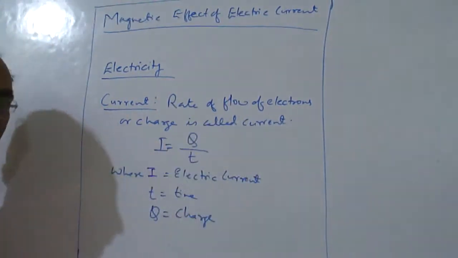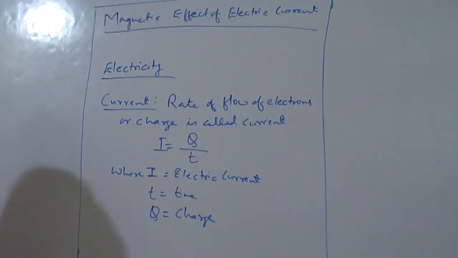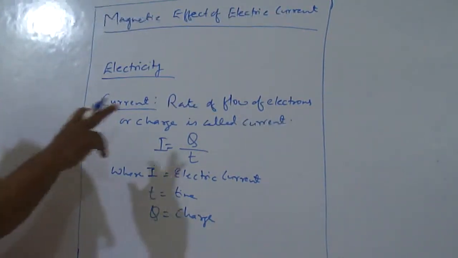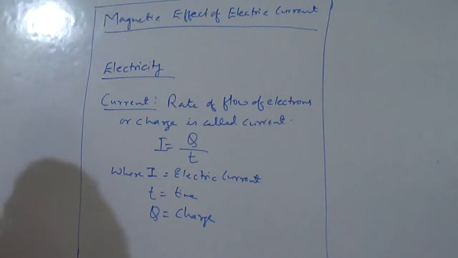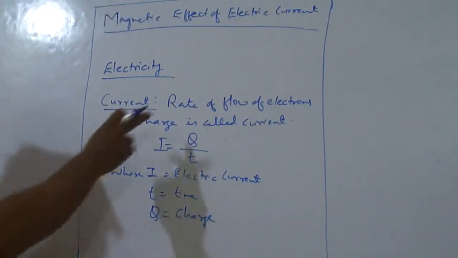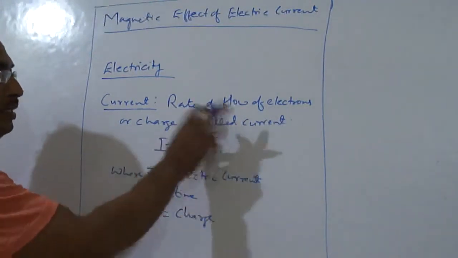In this case, what is it? Electrons. If this were chemical current, then there would be ions. In metals, in conductors, electrons are the charge carriers. So rate of flow of electrons or charge is called current.